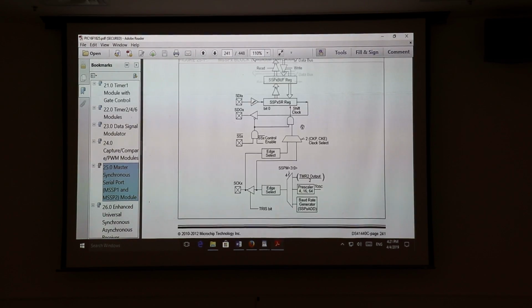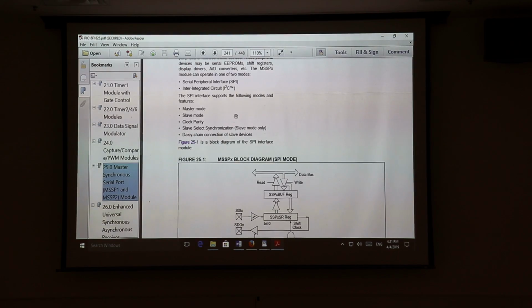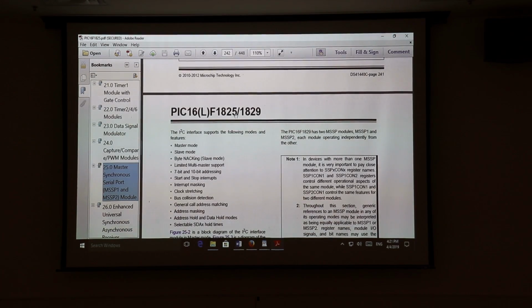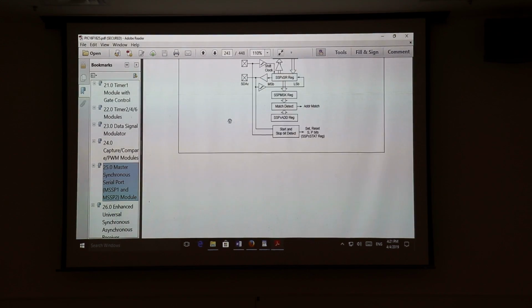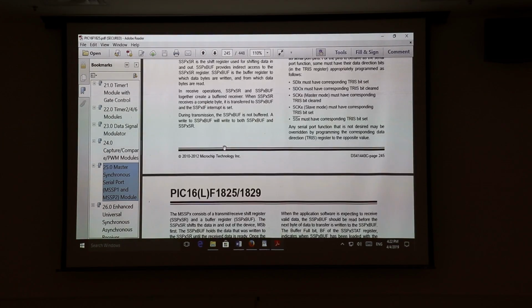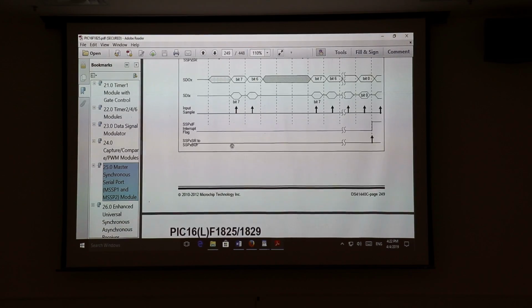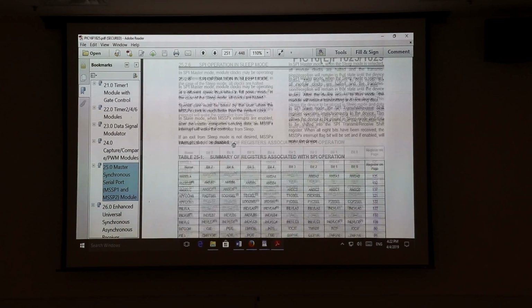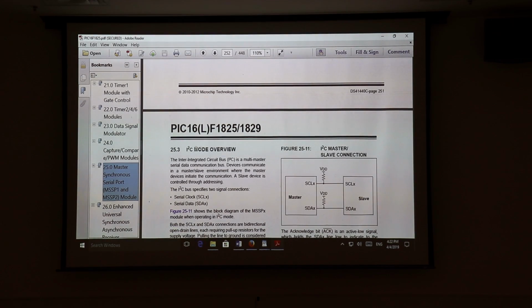And if you look at it, as you go through this, it talks about I2C mode and SPI. But first, in 25.2 it goes through SPI, and this is all dedicated to the SPI stuff. It shows you how to hook it up. It shows you the timing and a whole bunch of alternative things you can do. It shows you all the registers for SPI mode. And then you get I2C mode.